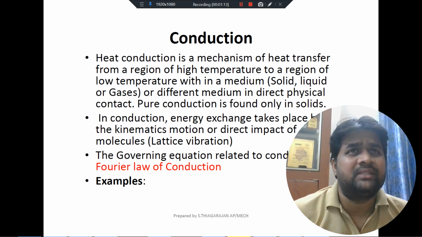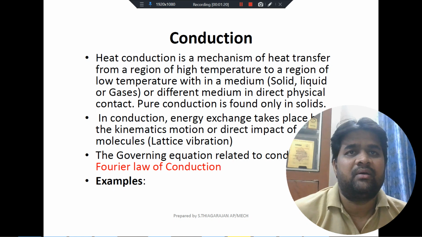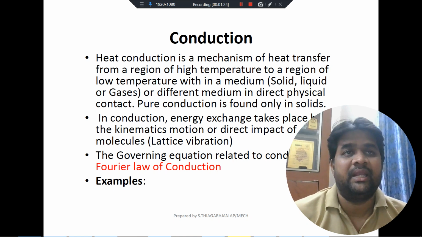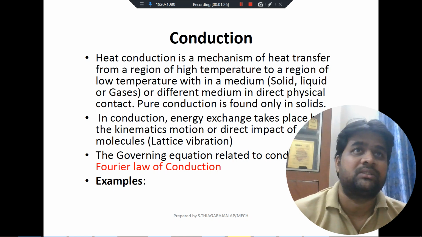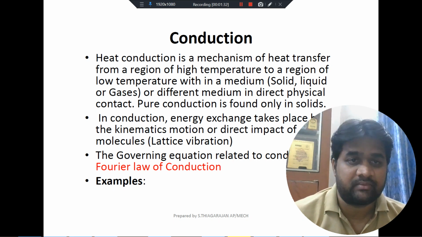A few examples are the transfer of heat in any metal mediums, for example, the heating of vessels, heating of IC engines, furnaces, and even the heat losses from electrical wires.